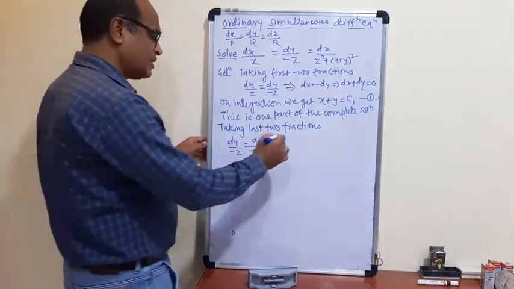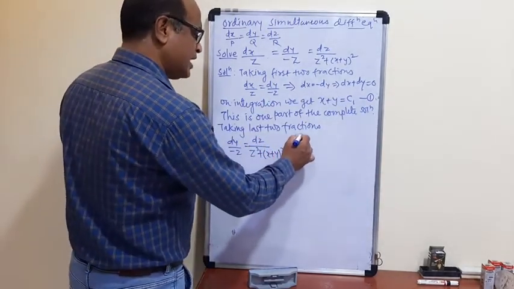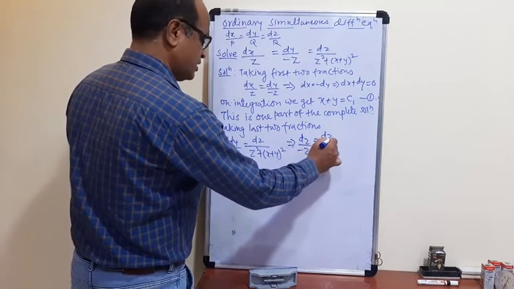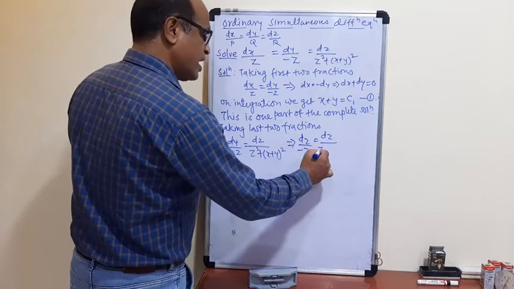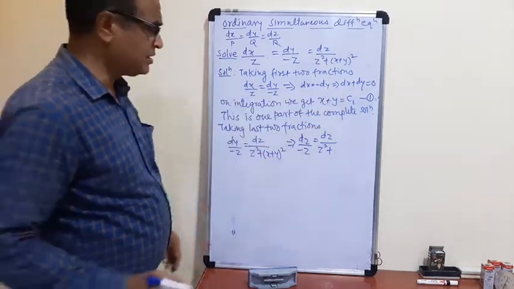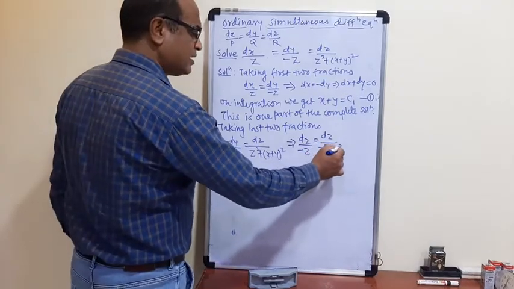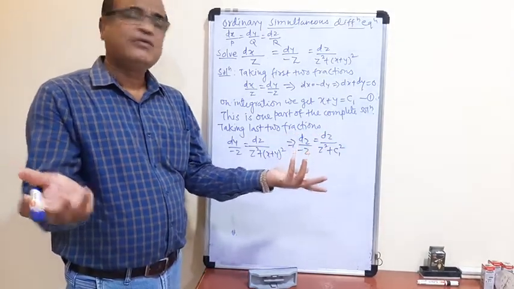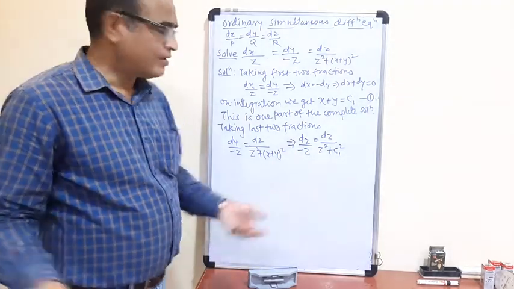So this implies that dy upon minus z is equal to dz upon z square plus (x plus y), which is c1, so that is c1 square. So it is very easy to solve this differential equation. We can take integration. Okay.